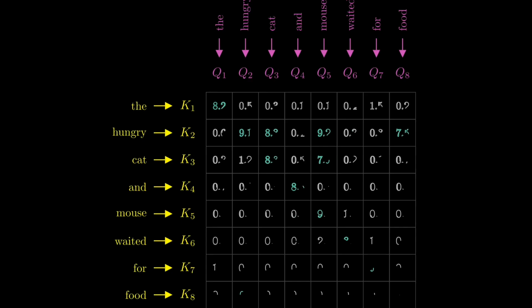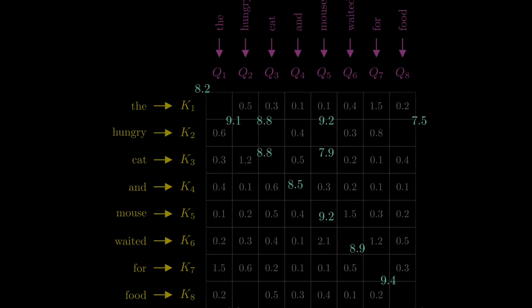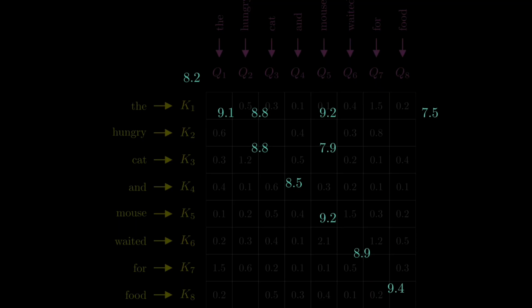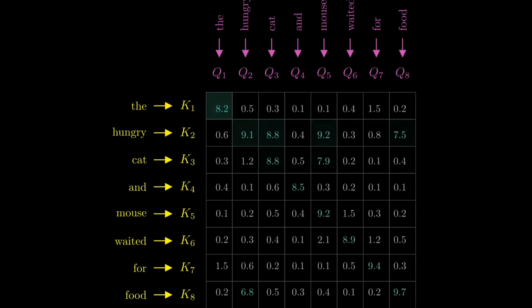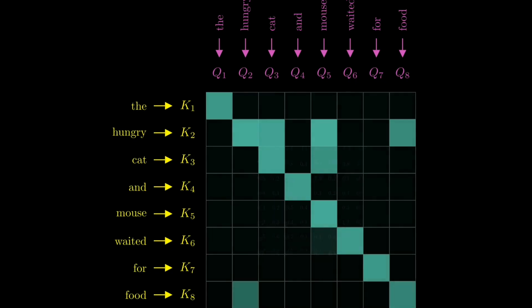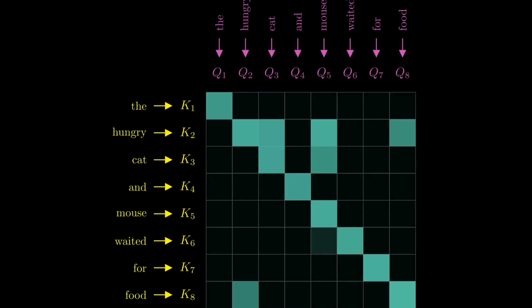To do that, we take the dot product of each query with each key. These dot products fill up the grid of attention scores, showing for every word how strongly it should focus on the other words around it. Now, to visualize this more clearly, instead of showing the grid filled with raw numbers, it's much nicer to represent them with high opacity and low opacity cells.